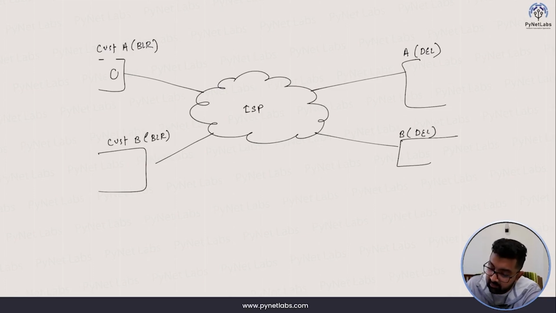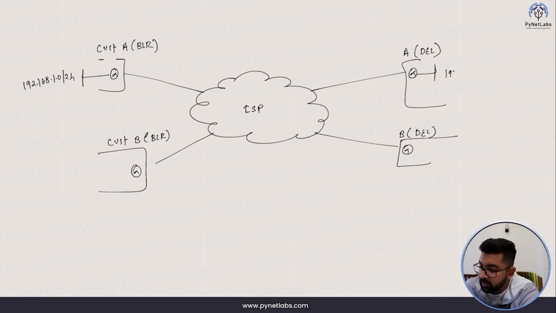Customer A will have some WAN edge routers. Customer B will also have them. Now let's say that customer A has some internal networks, which are 192.168.1.0/24 and 192.168.2.0/24. Over here, customer B. Now these are private addresses, right?